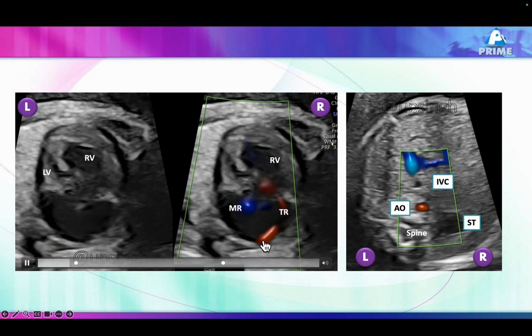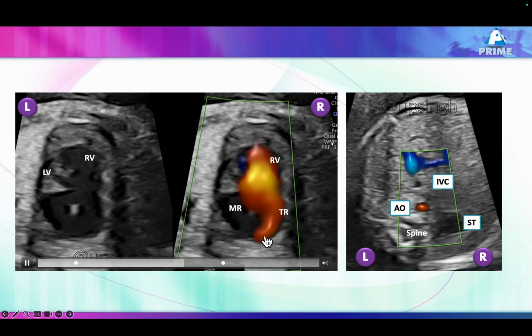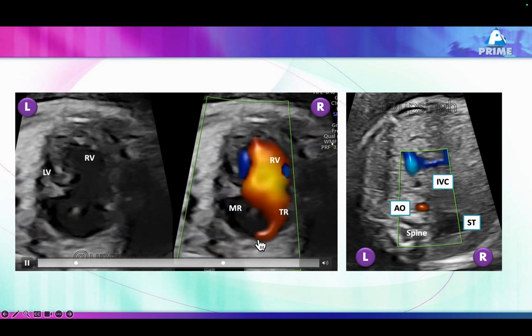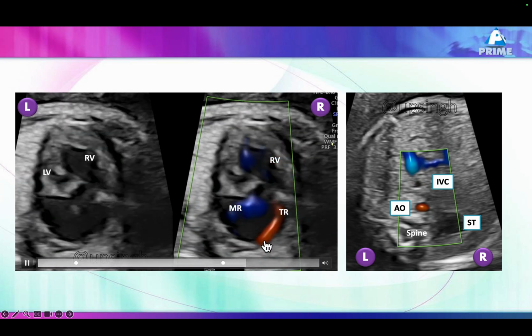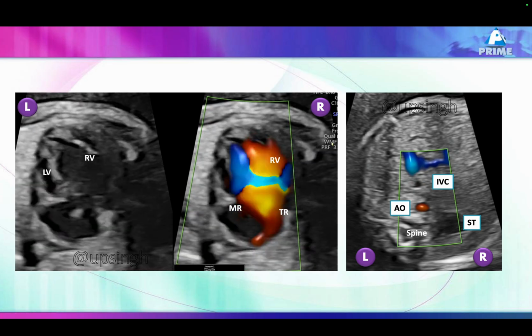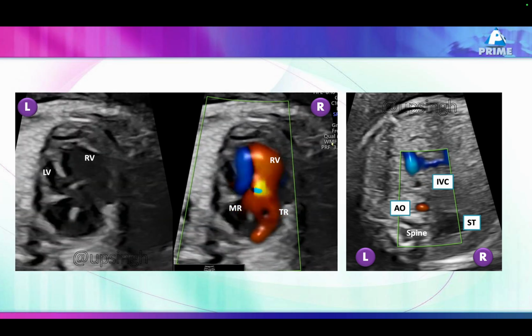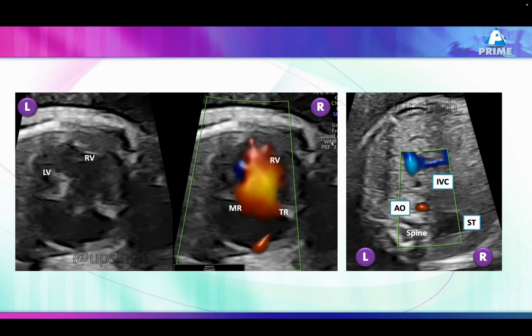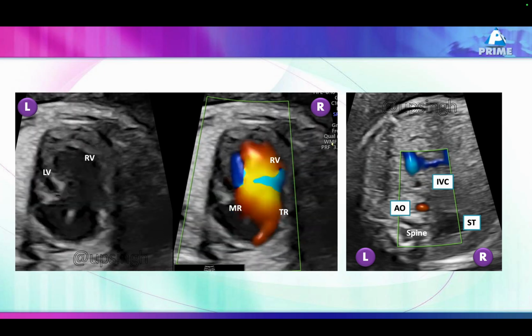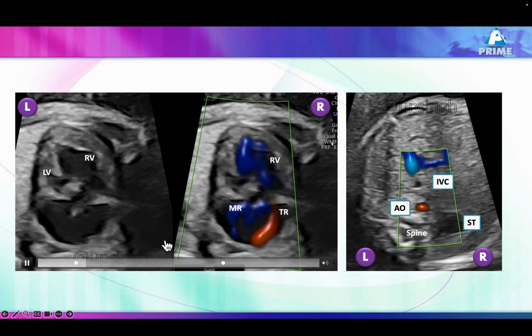Please notice something coming from here into the right atrium. I would show you subsequently. This is an inflow sign from a total anomalous pulmonary venous drainage. Watch this video till the end, because I am going to show you each and every case separately.